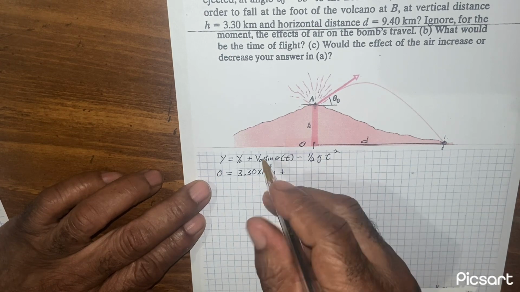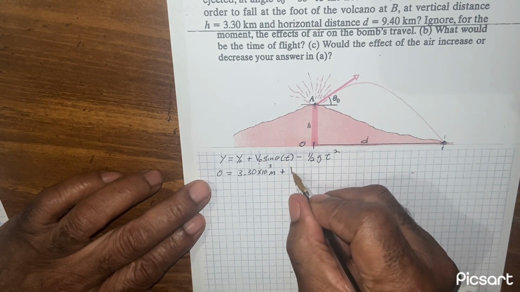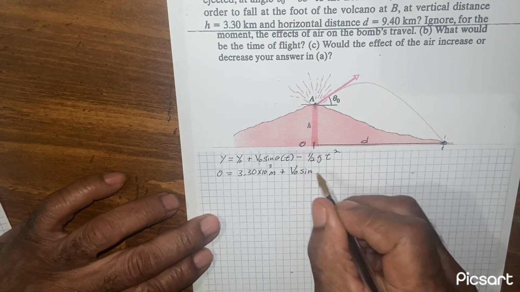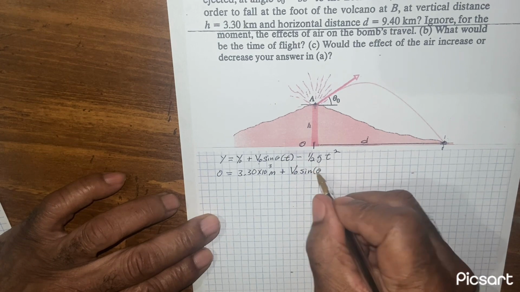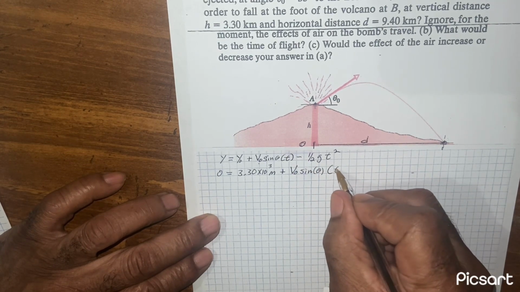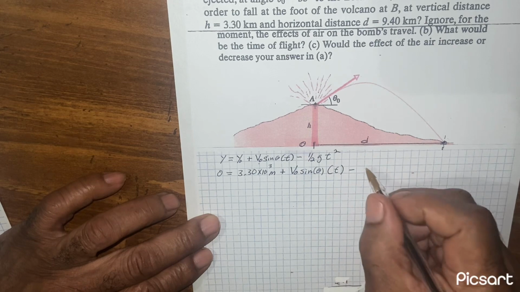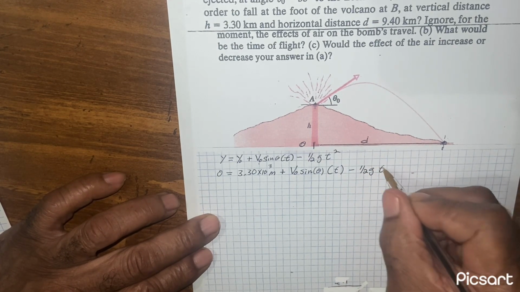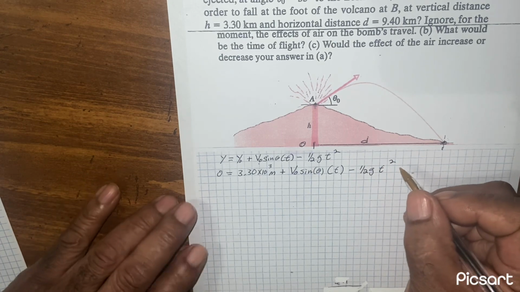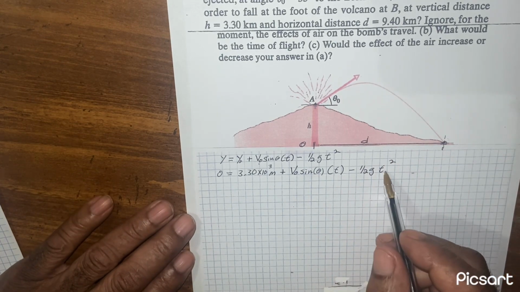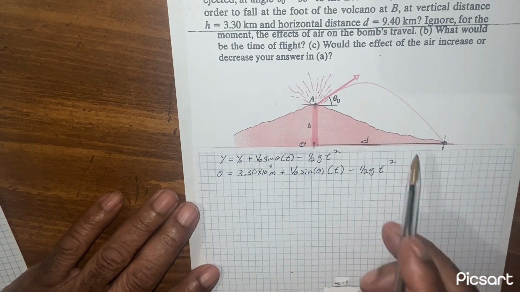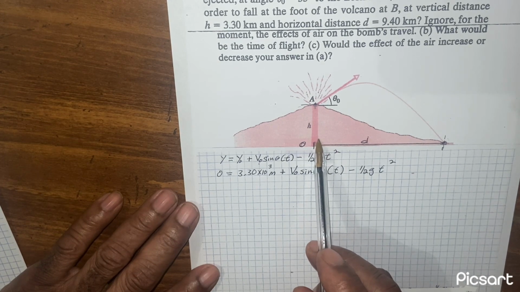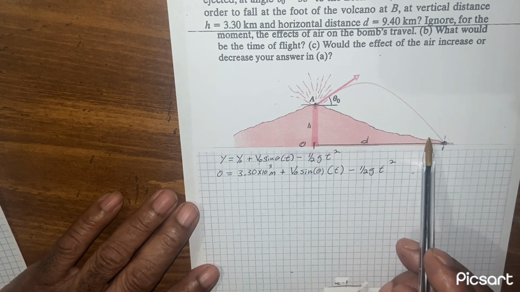Plus v sub o, which we're looking for, sine theta times t, minus 1/2 g t squared. Now we're going to make a substitution for t, and we get it from the fact that the horizontal velocity moves at a constant rate.